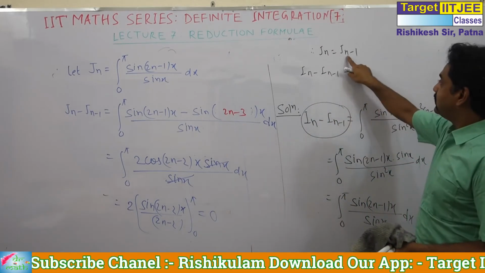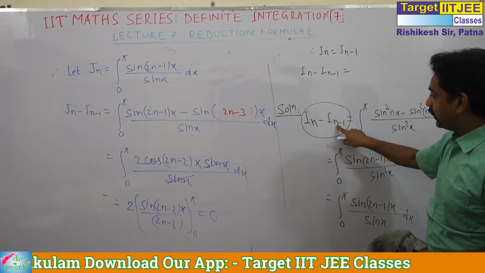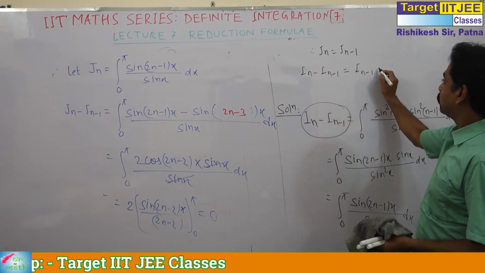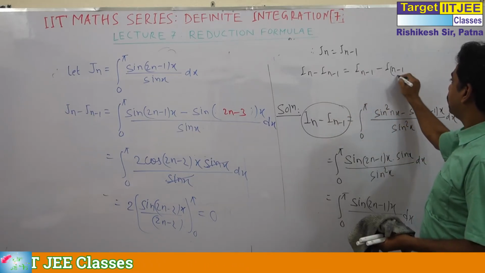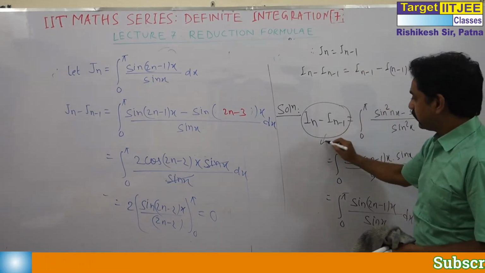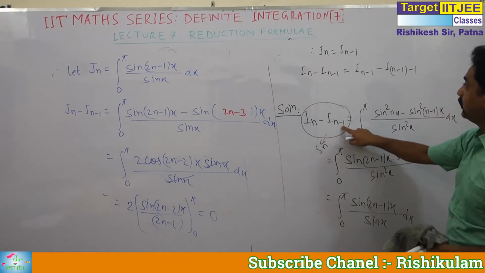And how do we write J_(n-1)? Replace n by n minus 1 everywhere. So this is I_(n-1) minus I_(n-2). I think you got it. For J_n, this is J_n. So what is J_(n-1)? Write n minus 1 here and n minus 1 there.